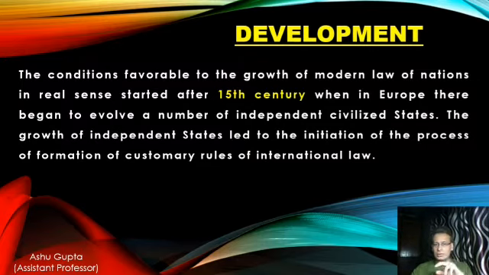The growth of independent states led to the formation of customary rules of international law. That's why modern international law grew from the 15th to 17th century, when international law was known as the law of nations. Let us move on to the next slide.